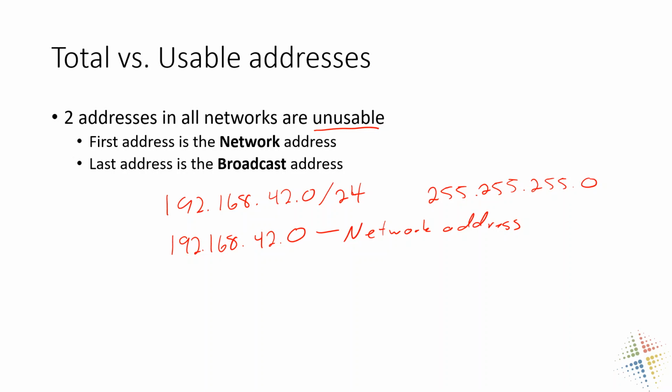So the very first address I can actually assign to a host is going to be .1, 42.1. So the very last address, 192.168.42.255. Oops, 255 is referred to as the broadcast address.